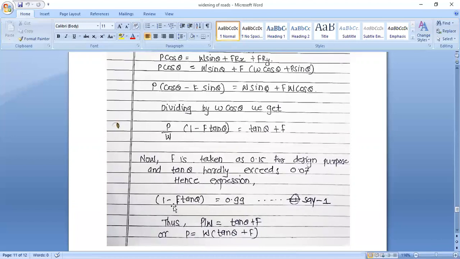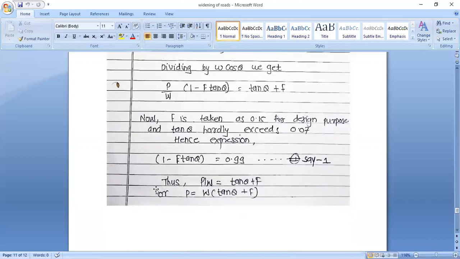That is, the value of 1 minus F tan theta is equal to 1. Thus, we have P by W is equal to tan theta plus F.